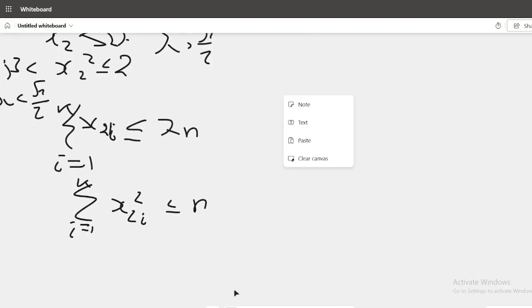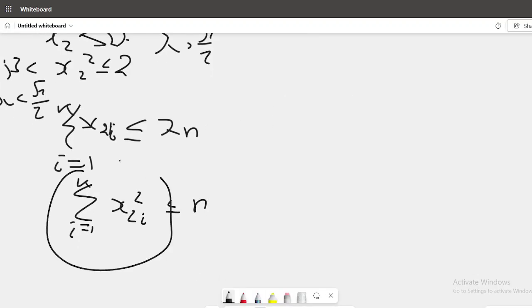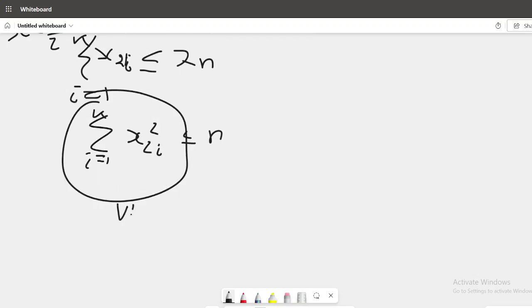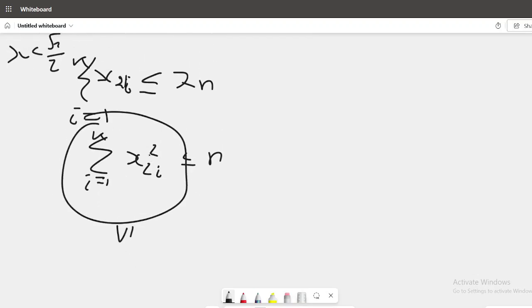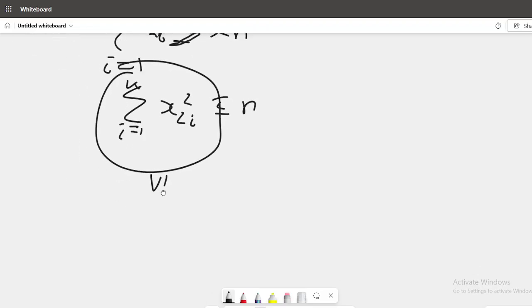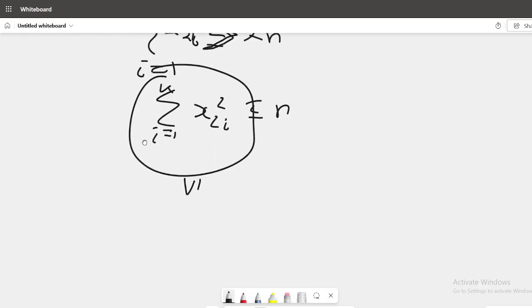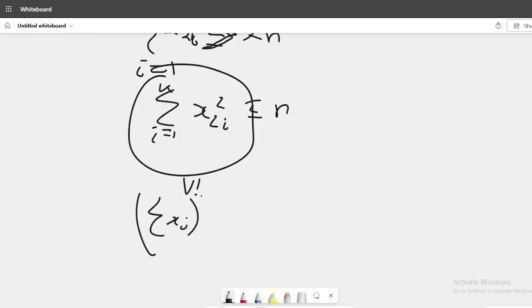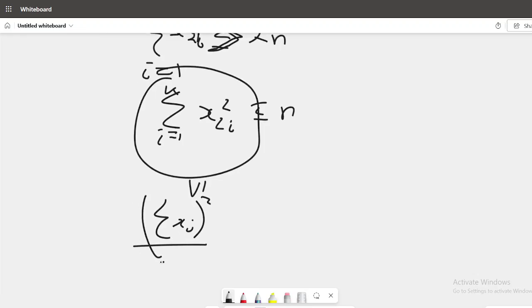Well, this thing, from the quadratic mean arithmetic mean inequality, is greater than or equal to... So suppose at some point it happens and this is greater than this and this still holds. Well, this is greater than or equal to what? The sum of xi squared divided by the number 2k. No, not the number k.